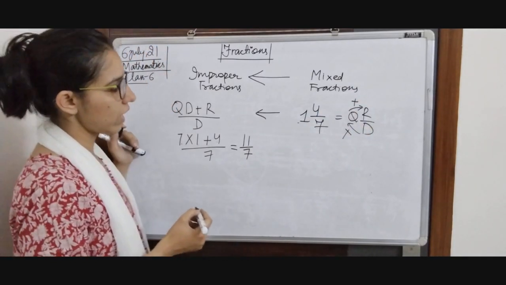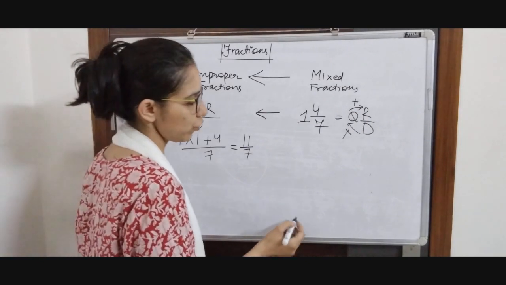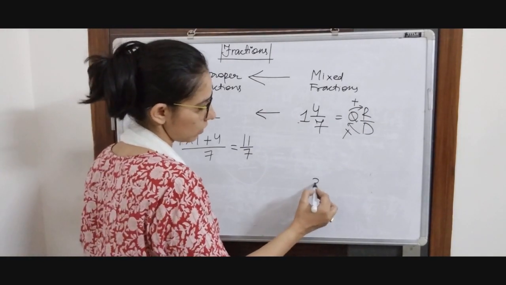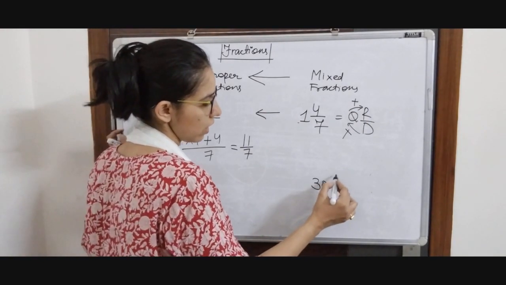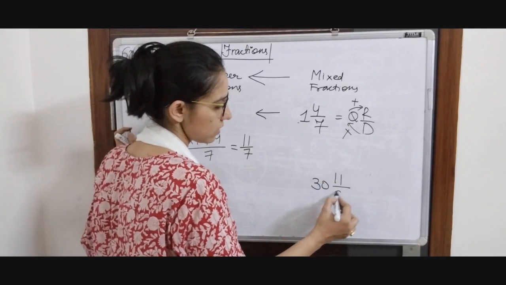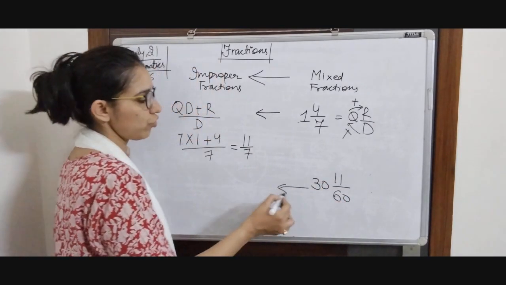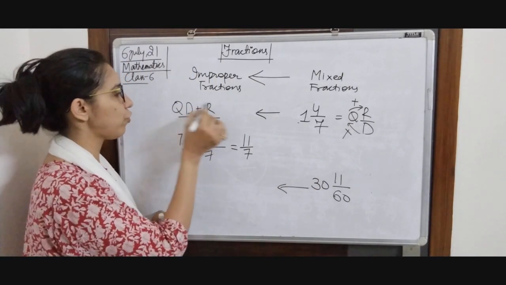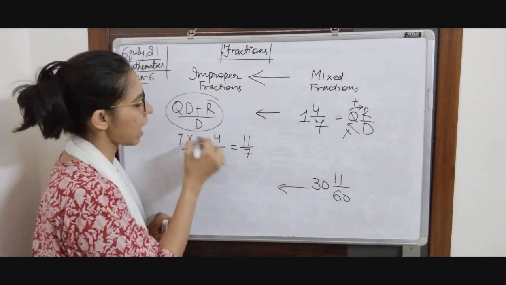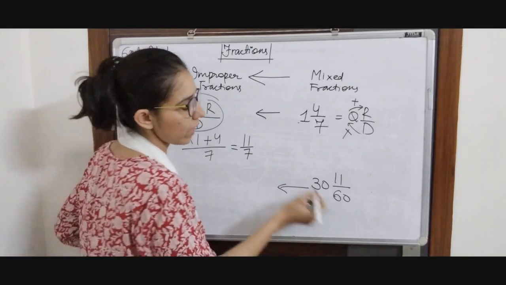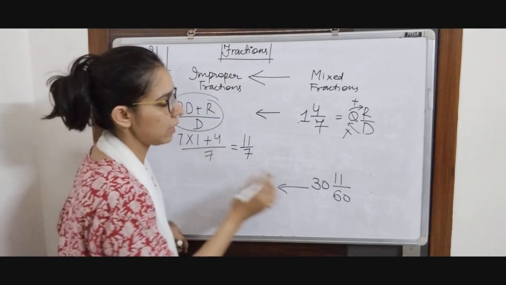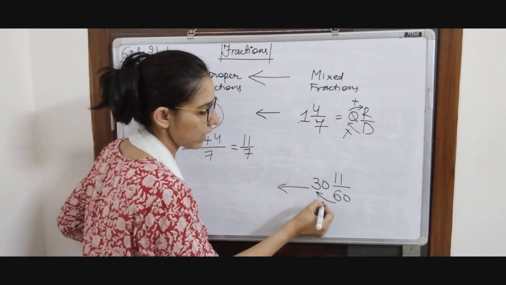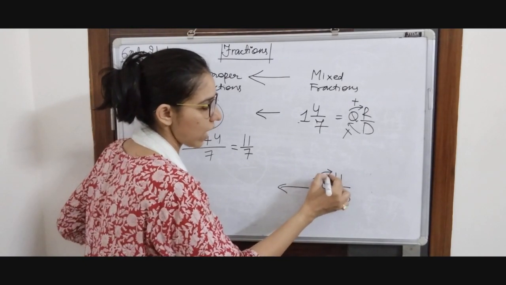So we are going to take another mixed fraction. Suppose we have 30 and 11 by 60. Now we want to change it into an improper fraction. What we will do, we will follow this qd plus r by d. Or you can forget about the alphabets. You can just remember that we have to multiply these two and we have to add this one.